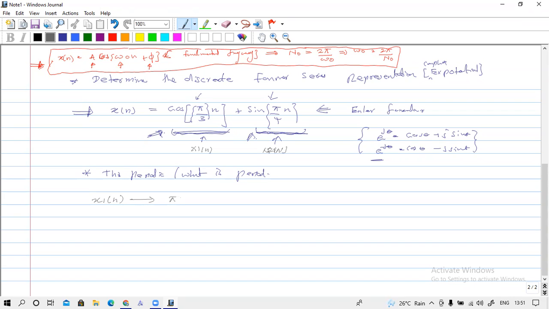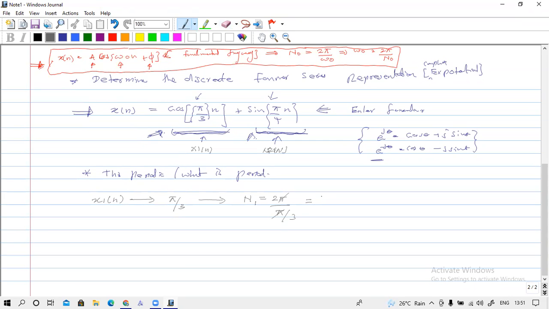That is 5π/3. And if you want to find the period N0, here let's say it is N1, N1 is 2π divided by 5π/3, so the 5 will cancel.